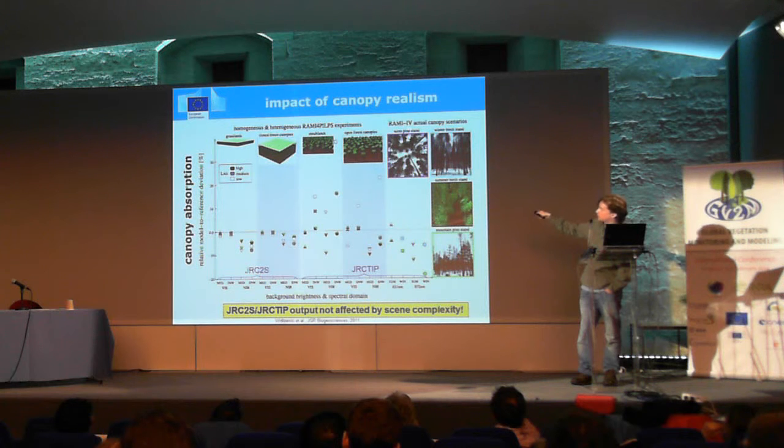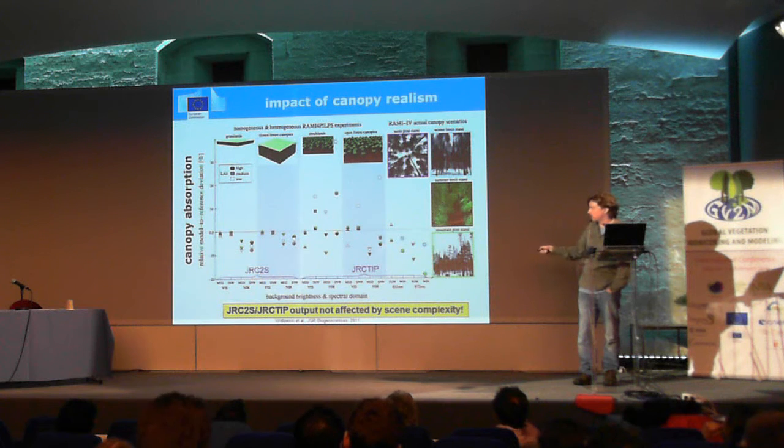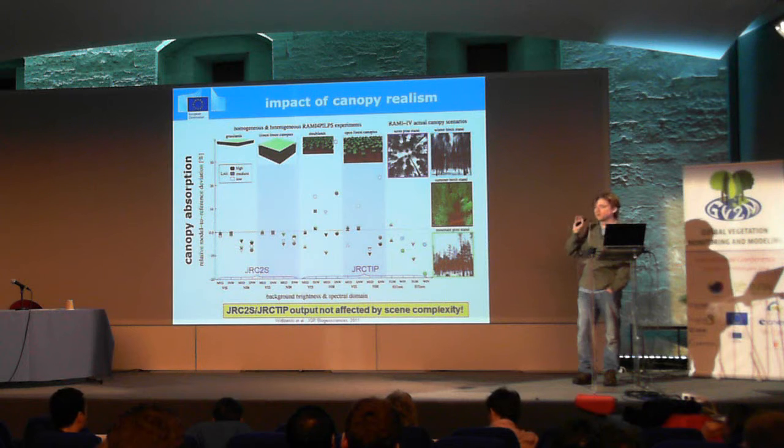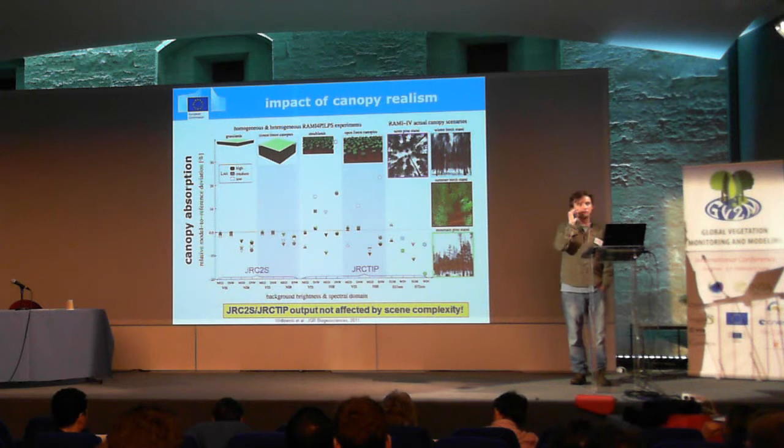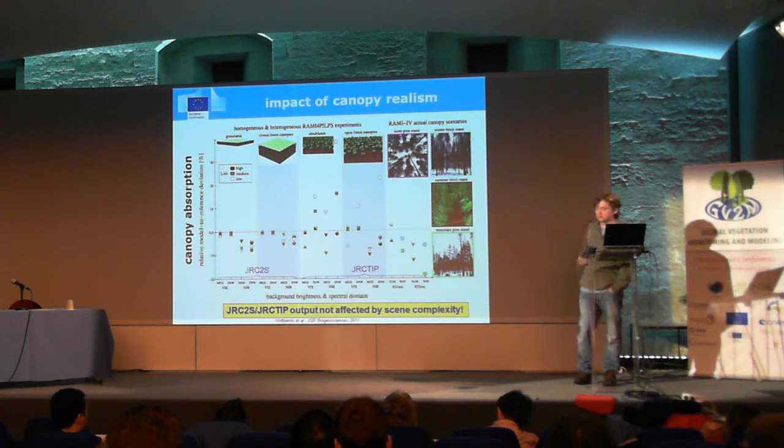So the RAMI 4 project, not to be confused with the RAMI Pilot project, where they modelled much more accurate and realistic stands. The point I'm making is that some of these models, even though representing canopy structures simply, do quite a good job of getting the reflectance quite well for canopy.